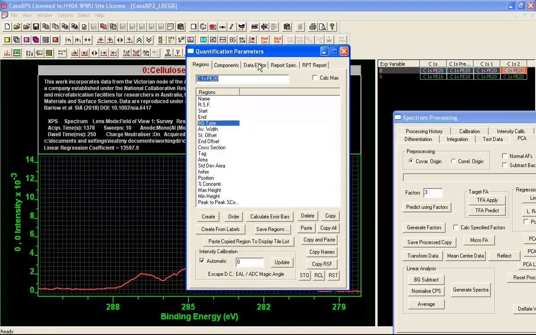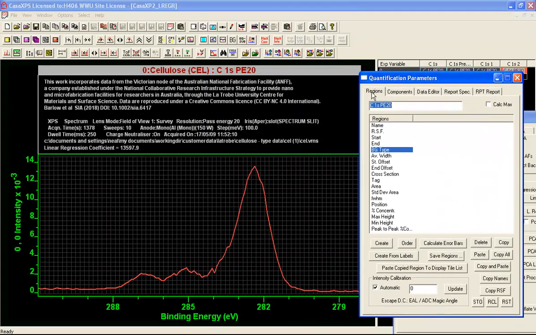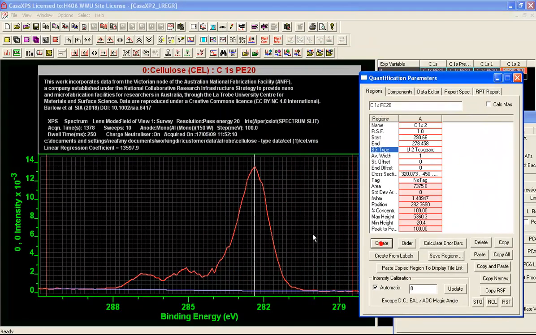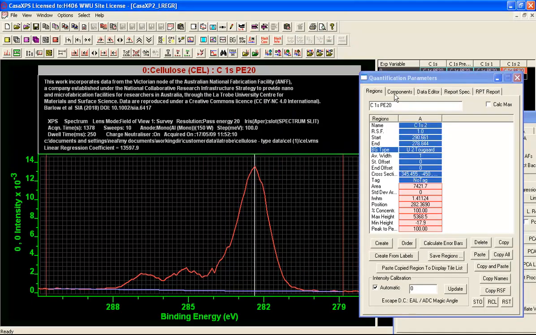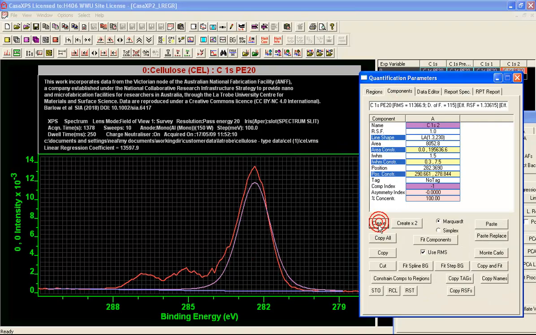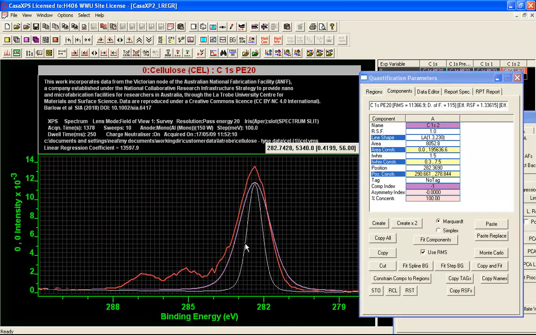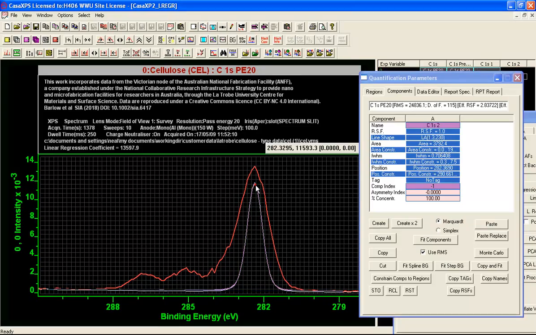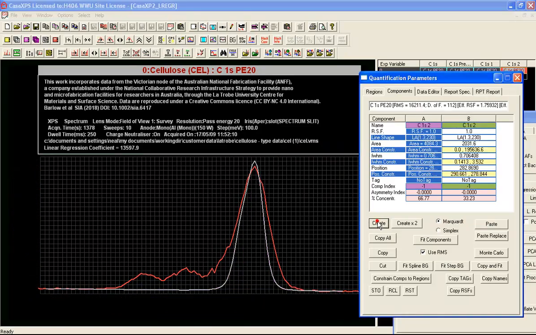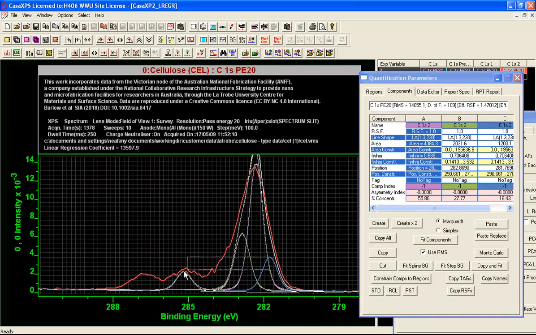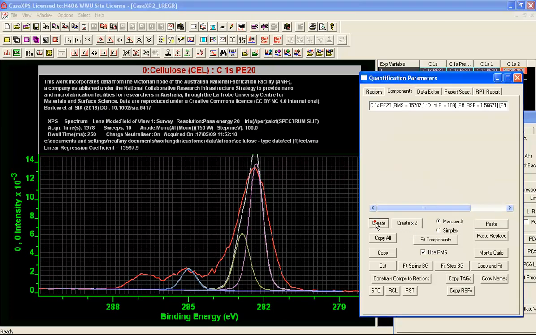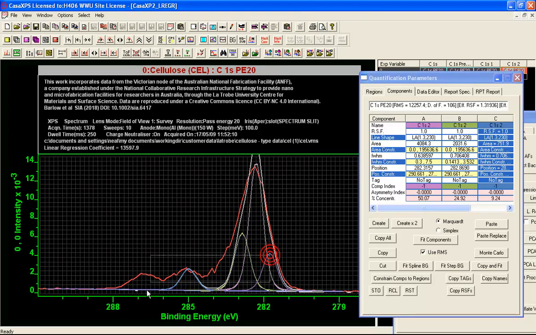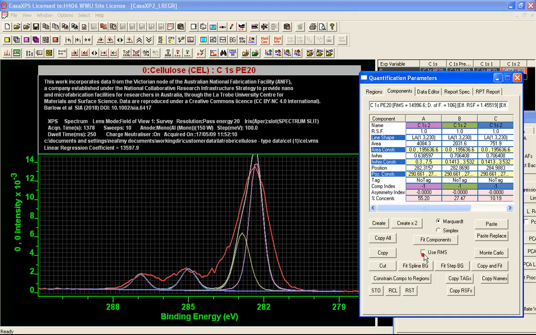So using the quantification parameters dialog window, we'll go to the regions property page and create a background, and then we'll put in some peaks, make an adjustment to the width, let's say one more, and say fit.